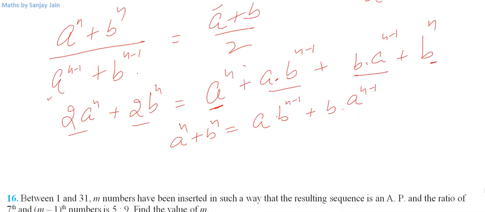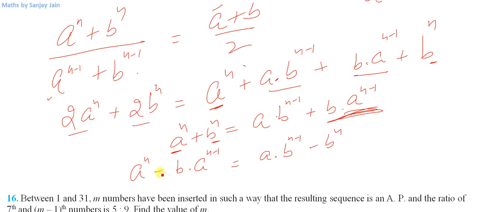What I am going to do here is take this term on the left hand side. So A raised to power n minus B into A raised to power n minus 1 will be equal to A into B raised to power n minus 1 minus B raised to power n. And what can I take as common?